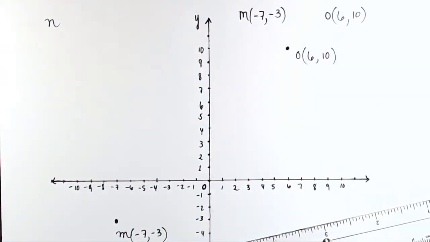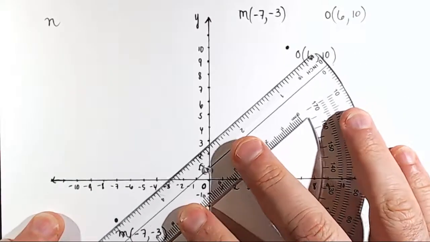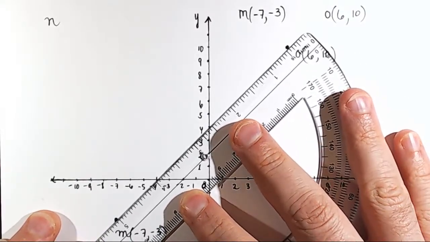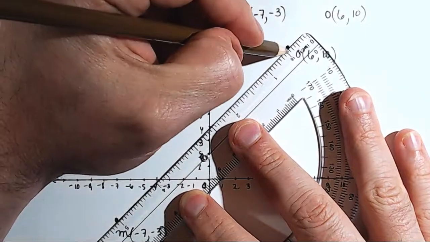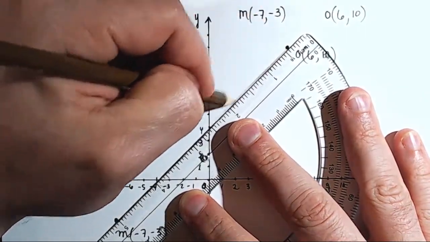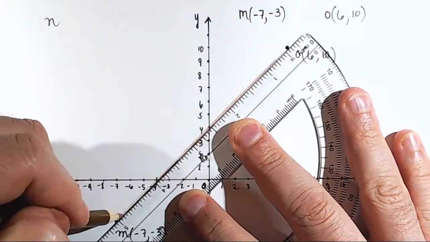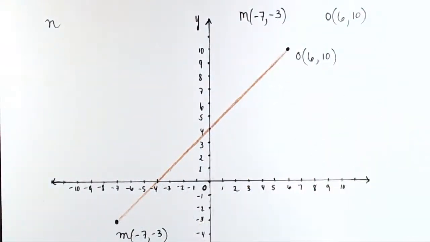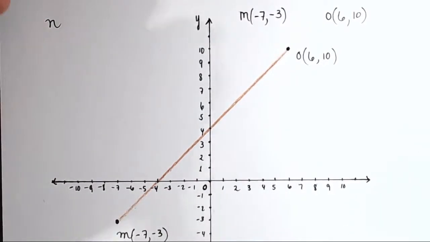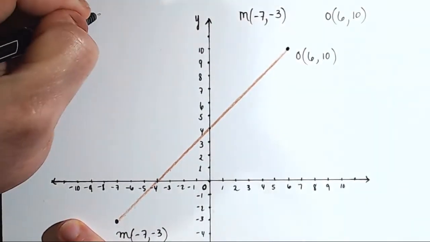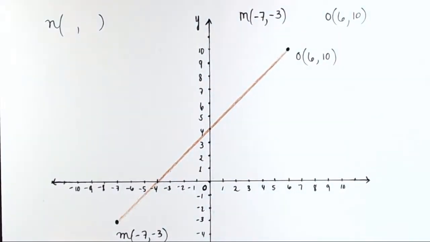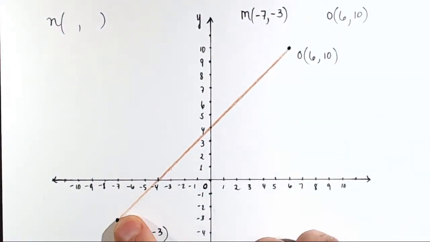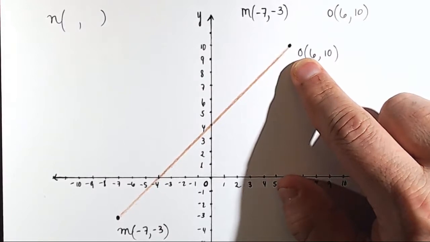Okay, so let's pencil in the path. So here is the possible path. I'll just shade it in brown here. All right, you can think of this as the path along which this fractional distance will lay. And what we're looking for is point N, where point N is some fractional distance from M to O, right?